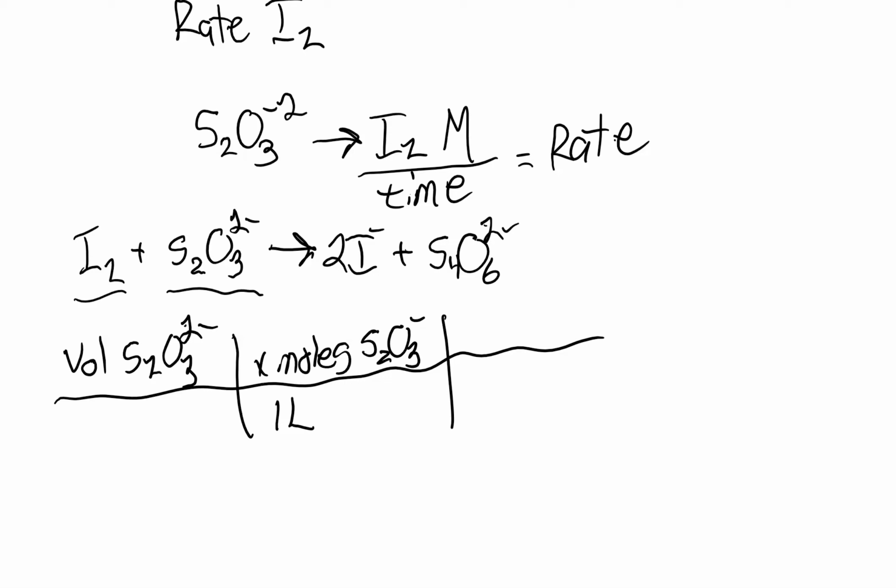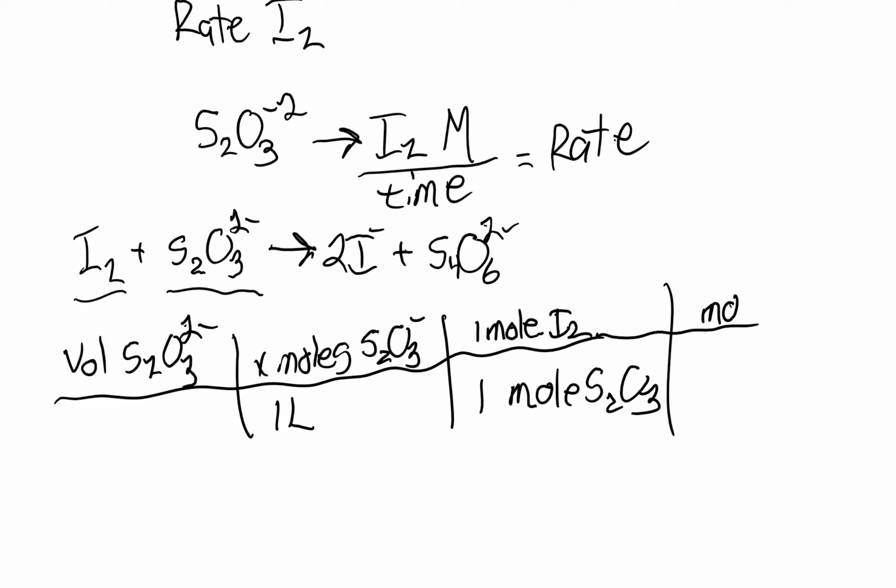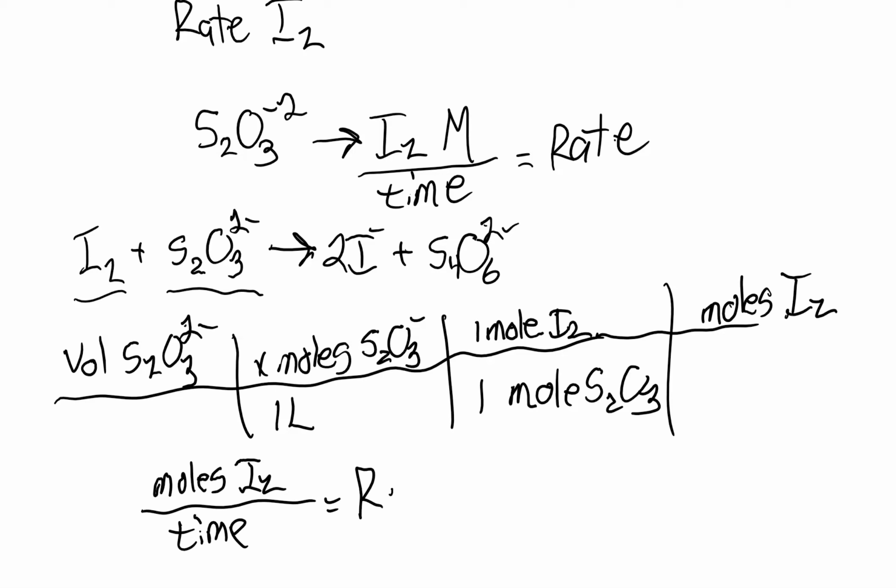And then you can go for every 1 mole of S2O3, there is 1 mole of I2, and that'll give you moles of I2. And then to get the rate, just take moles of I2, divide it by the time, and you now have your rate.